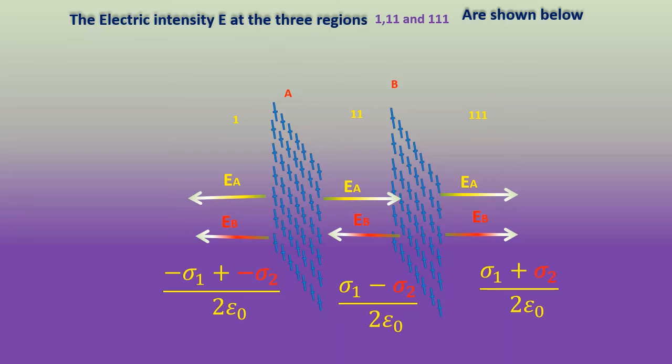At the region 2, EA is in the positive direction and EB is in the negative direction. So we can write it as sigma 1 minus sigma 2 divided by 2 epsilon 0. At the region 3, EA and EB are in the positive direction. So at this region, the total electric intensity is sigma 1 plus sigma 2 divided by 2 epsilon 0.